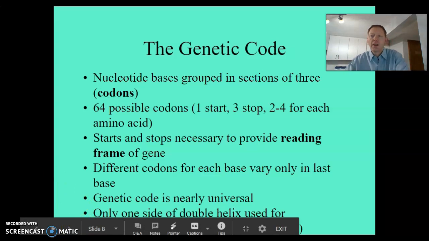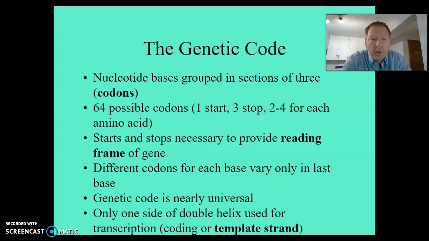All right, genetic code. As I'm sure you're probably already aware, we actually read DNA in groups of 3 letters. That nucleotide sequence has to be read in 3s, and there's a clear and obvious reason there. We only have 4 letters, A, T, C, and G, or A, U, C, and G if we're talking about RNA.